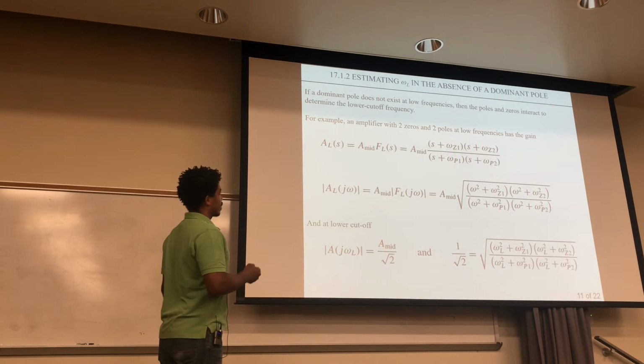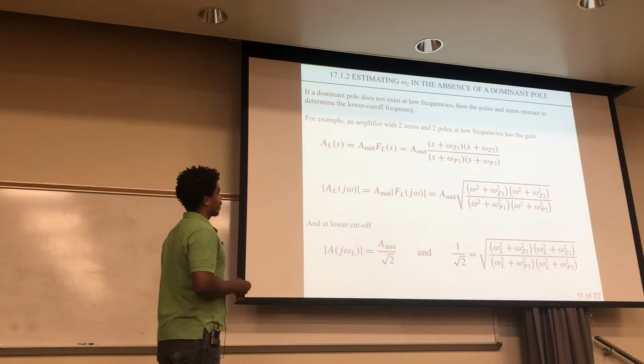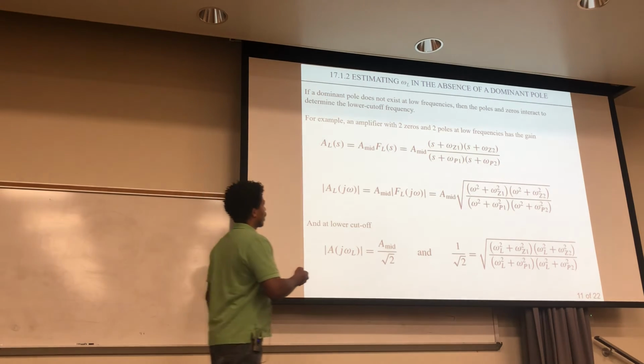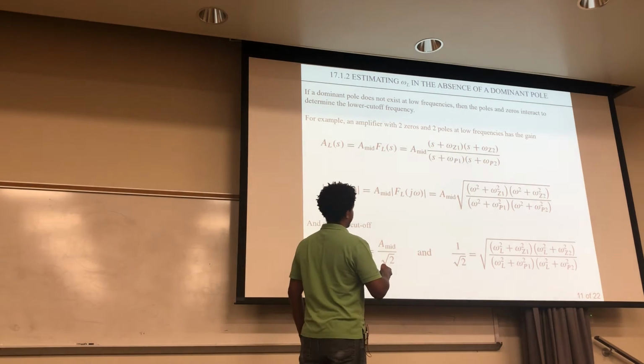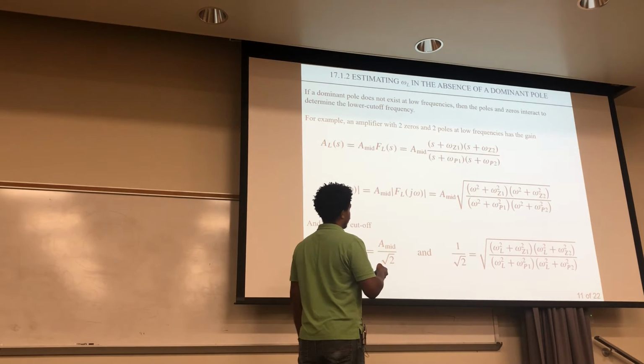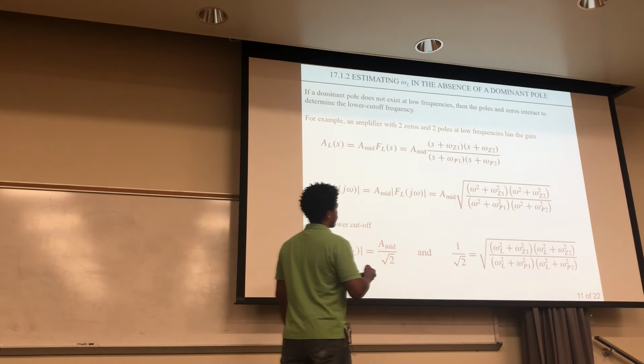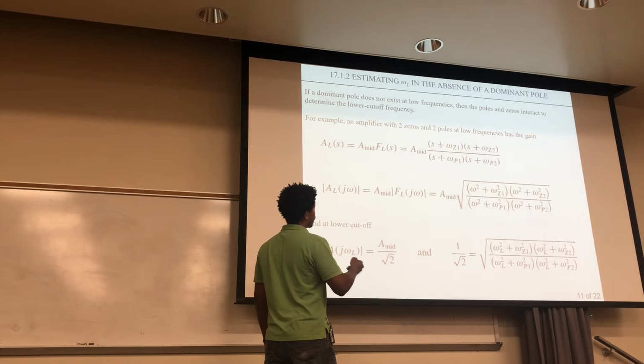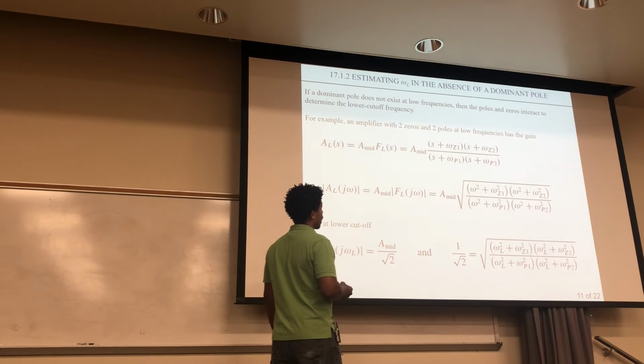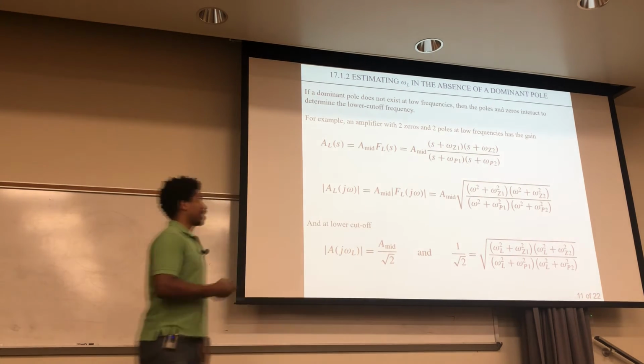And when we take the magnitude of this, you are taking this and multiplying it by its complex conjugate and then square rooting it. So what happens here is that the square root of A mid squared is just A mid. But this right here becomes the square root of this times its complex conjugate. And remember what happens with the complex conjugate, right?